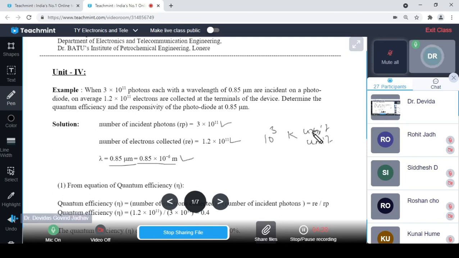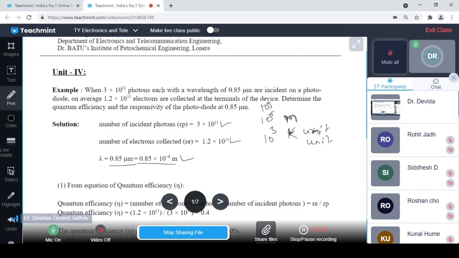Kilo into unit: kilometer, kilogram, kiloliter, kilowatt, kilovolt. 10 raised to 3 is kilo, with small k. 10 raised to 6 is mega, with capital M.